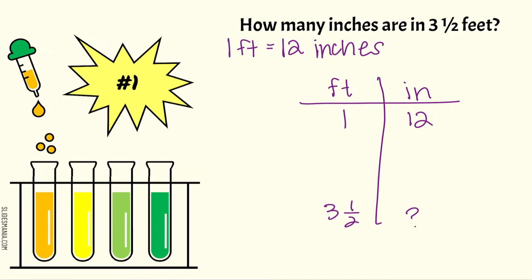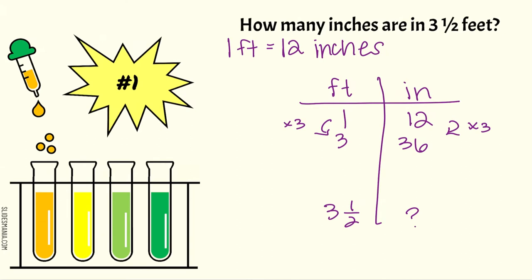Since I'm building a ratio table, I know that I can use my multiplicative thinking. So if 1 foot is 12 inches, then I know that I can find 3 feet by multiplying both sides of my ratio table by 3. So 3 feet is equivalent to 36 inches. But I want to know how many inches 3 1/2 feet are.